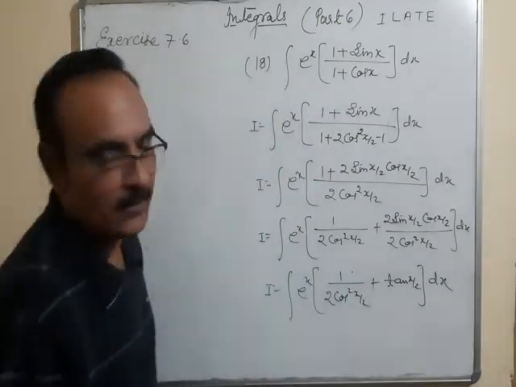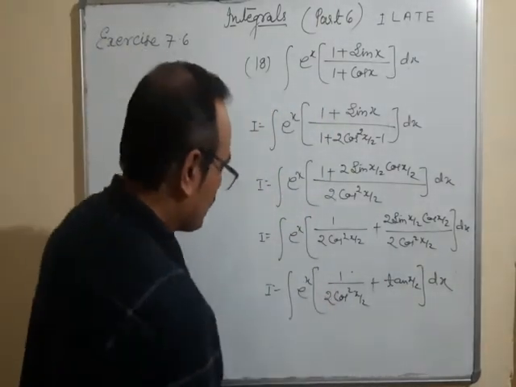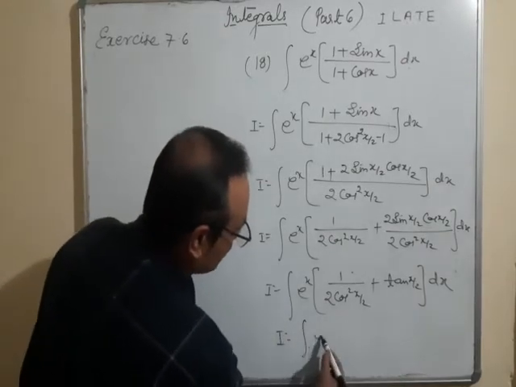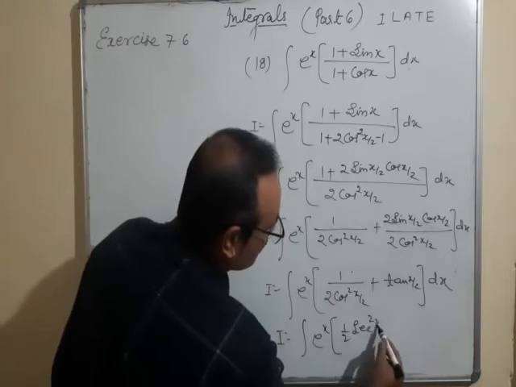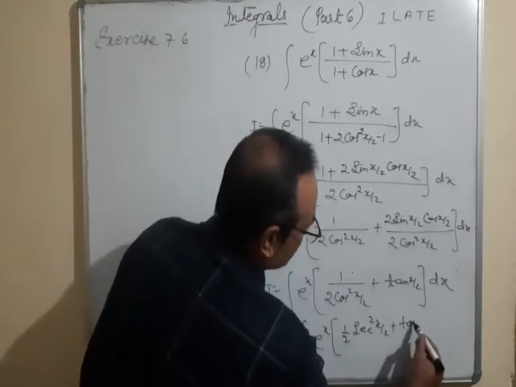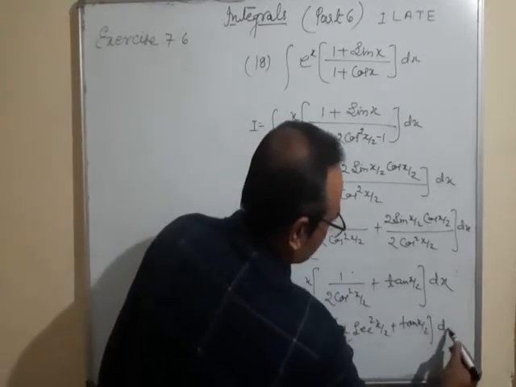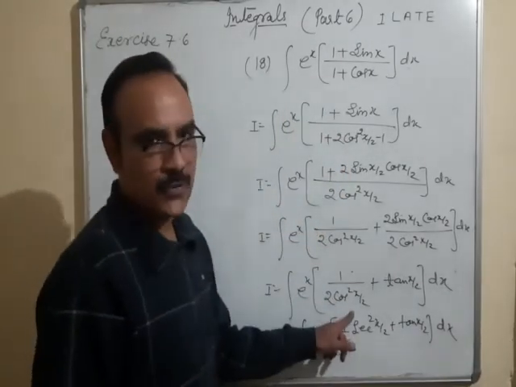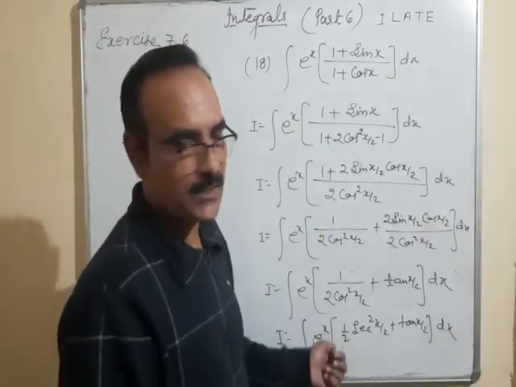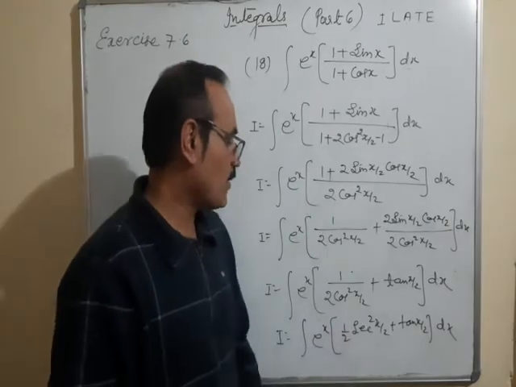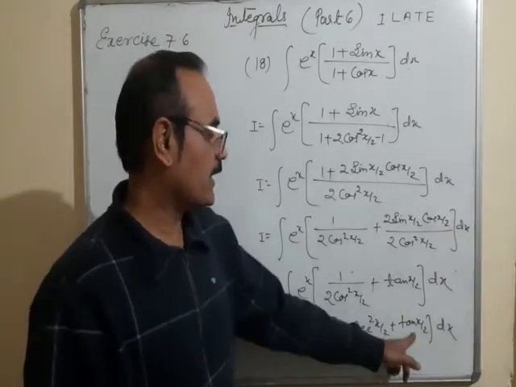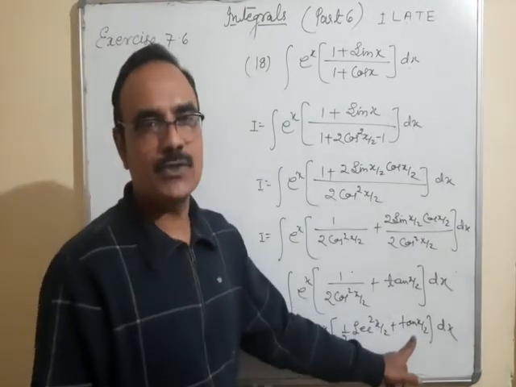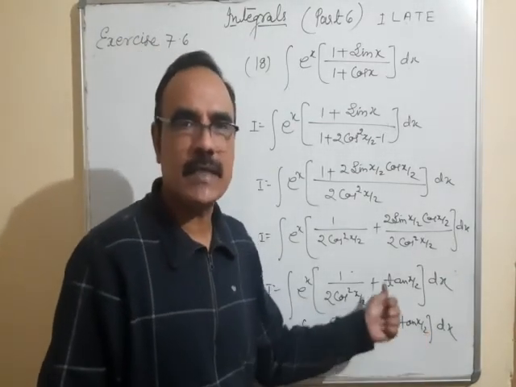One more step: e to the power x, 1 upon 2 sec square x by 2 plus tan x by 2, dx. 1 upon cos square becomes sec square. Let us see this term 1 upon 2 sec square x by 2. We are taking the term tan x by 2 because you know the differentiation of tan x is sec square x.